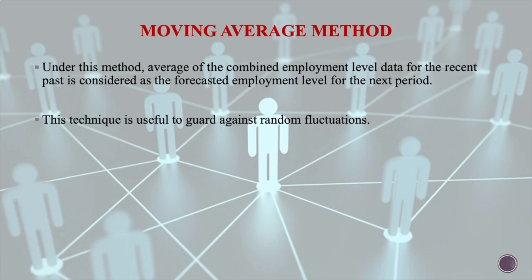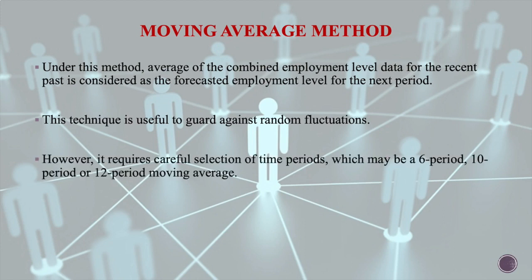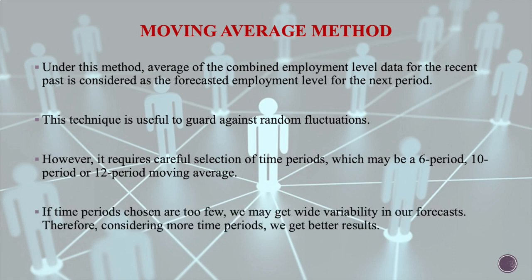This technique is useful to guard against random fluctuations. However, it requires careful selection of time period, which may be a 6 period or a 10 period or a 12 period moving average. If the time period chosen is too few, we may get a wide variability in our forecast. Therefore, considering more time periods provides better results.